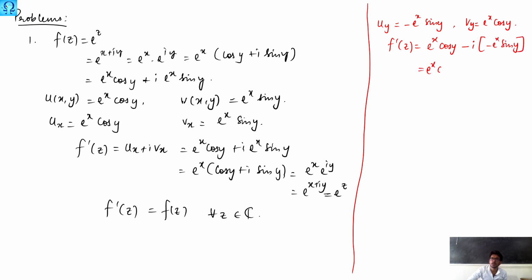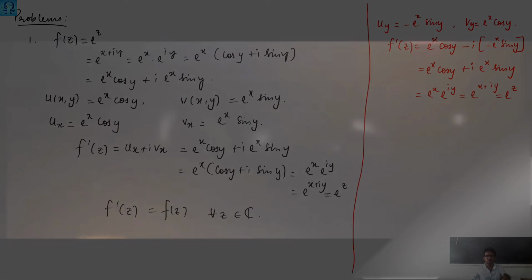So this becomes e power x cos y plus iota times e power x sin y. Now you can take e power x as common, and cos y plus iota times sin y becomes e power iota y, and that is e power x plus iota times y, that is e power z. Okay, so whichever way we come, we have obtained the same thing. So this validates your sufficient condition, right? Thank you.